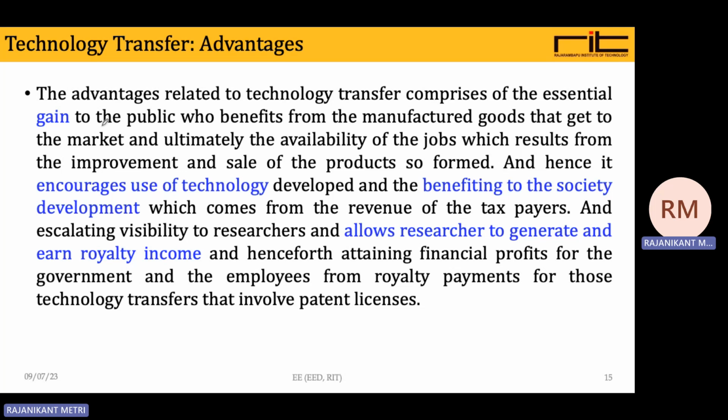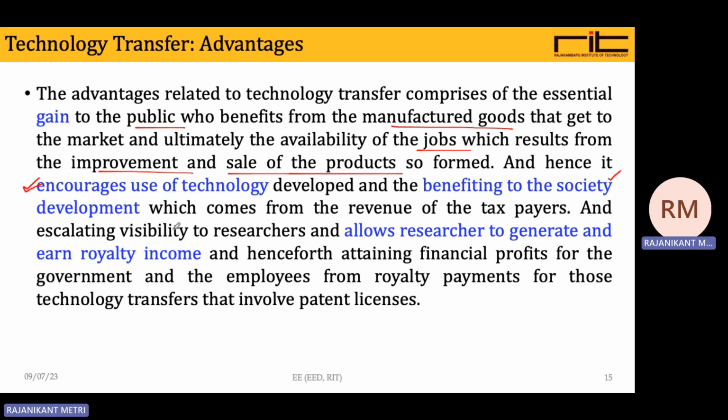Hence it encourages the use of technology developed and benefits societal development, which comes from the revenue of the taxpayers.